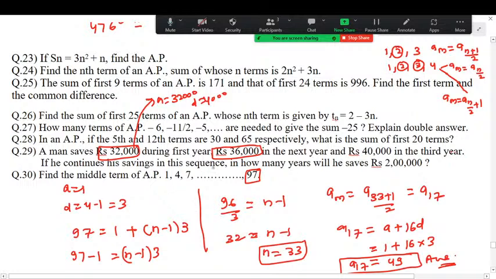If he continues his saving in sequence, in how many years will this much saving be done? That is your nth term, isn't it? 2 lakh is your nth term. And now I think you can apply the formula to find out the value of n. I'm leaving it up to you.